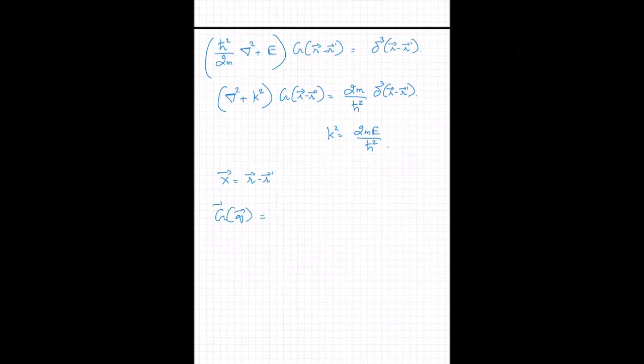The conjugate variable, of course, for position is momentum, which I'm calling Q. I integrate over x, and of course the Fourier transform has a plus i q dot x.